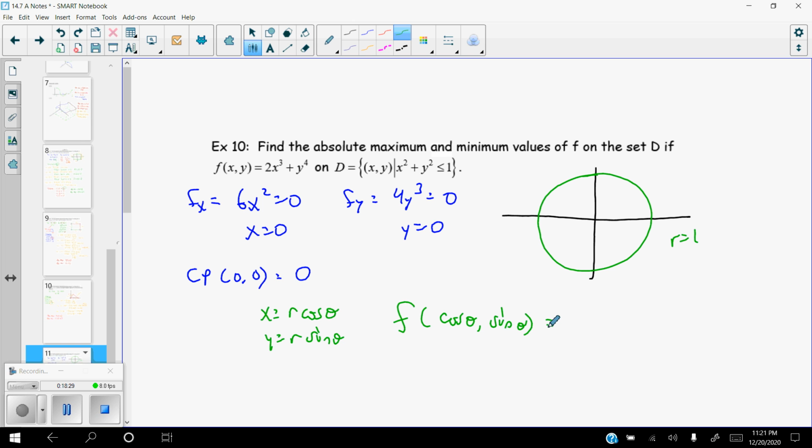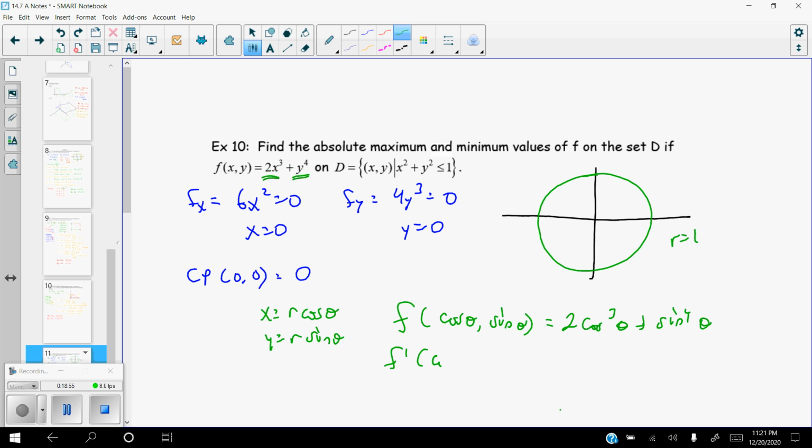Well, that means we're going to have to plug cosine theta in for each x. So we're going to get 2 cosine cubed of theta plus, plugging sine theta in for y, sine to the 4th of theta. Well, now I really don't have multiple variables anymore. I've just got one variable, so I can just take a derivative.